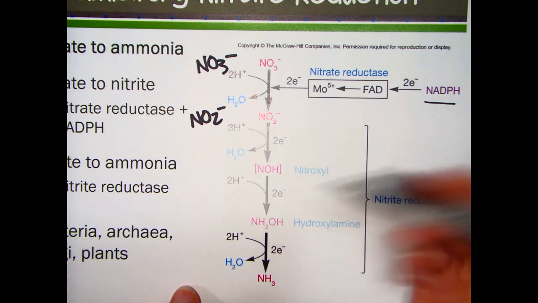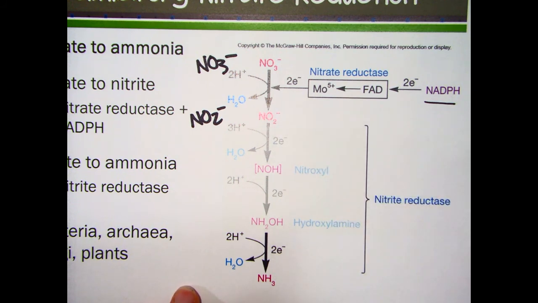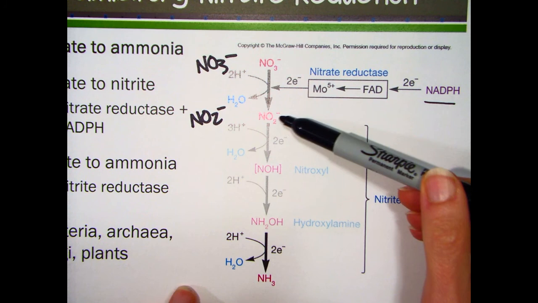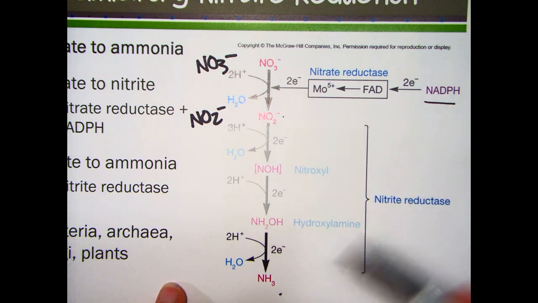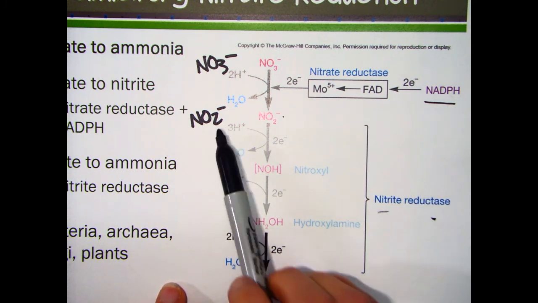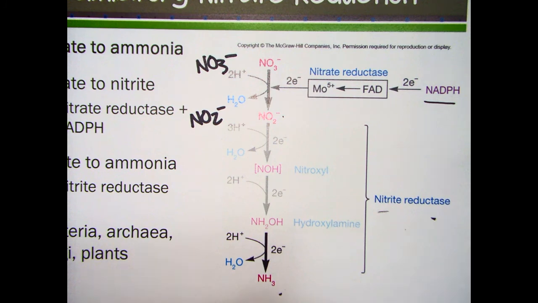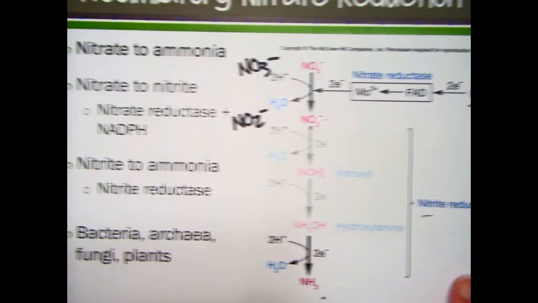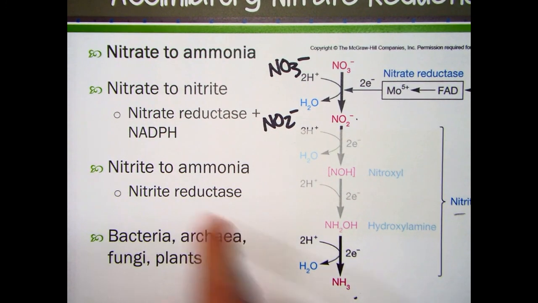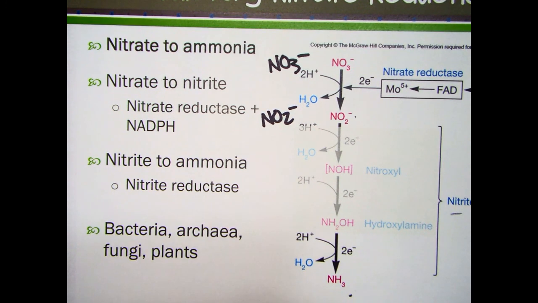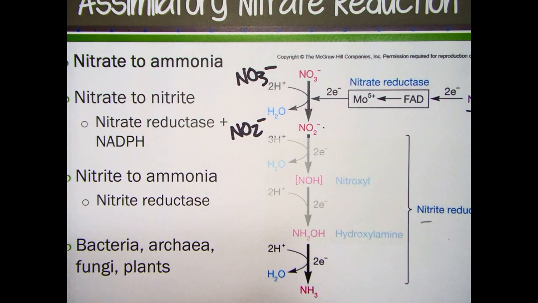The second step is actually a two-part process, and we're just going to say that it goes from nitrite to ammonia, and it is catalyzed by nitrite reductase. This can happen, as you can see here, in a variety of different organisms, super importantly, not in animals. So, assimilatory nitrate reduction, the other way to get ammonia initially from nitrate.